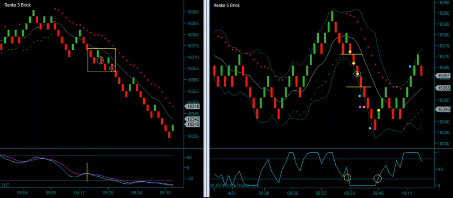So let's take a look. Where is brick 1? Okay, so we'll go back to the right, and you can see where the yellow dot is. That is the first green brick above the buy entry after we went red, green, red and didn't get a sell setup. So we're still long.